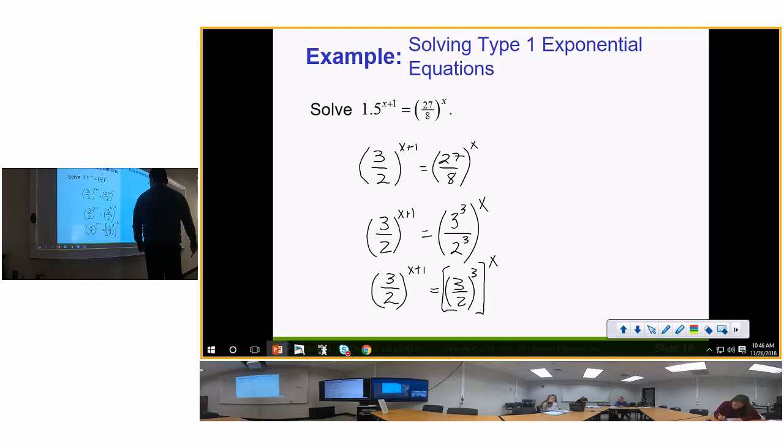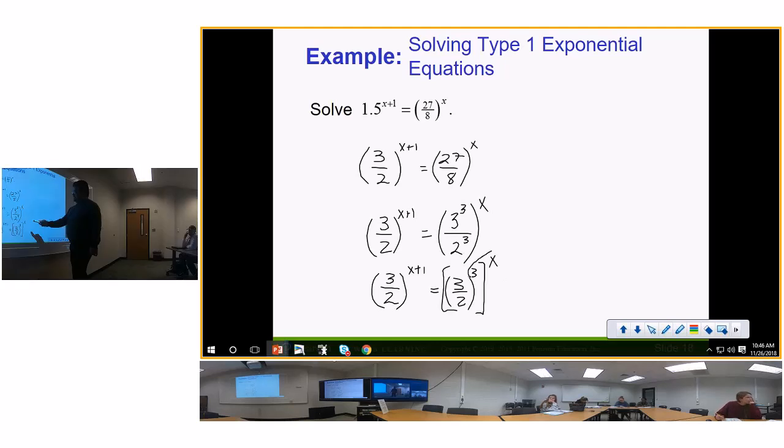So the power rule says that I can take these two and do what? Multiply them. So that's going to be 3/2 to the x plus 1 is equal to 3/2 to the what? 3x. And the bases are what?